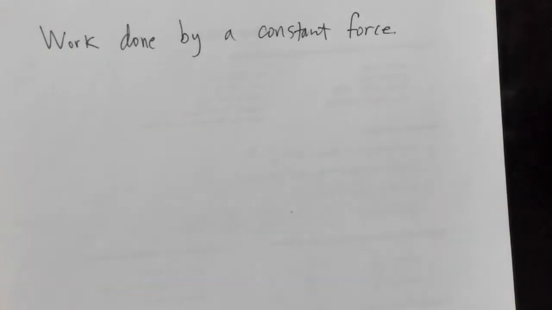So for constant forces, let's say I have these weights here, heavier than I thought, and I press against the side here with a constant force. It feels the same every time along, and I push it. I want to know how much work I'm doing. So in physics, this has a very definite meaning.